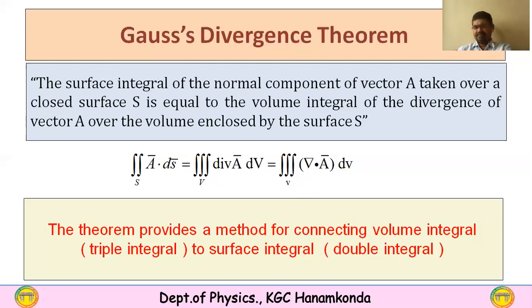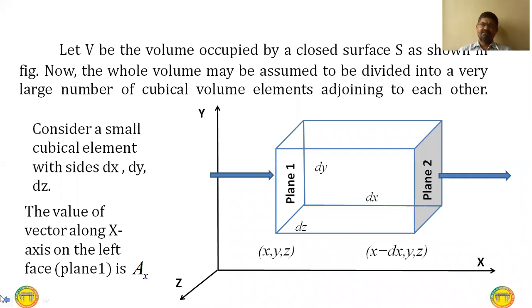Let us see the derivation of Gauss divergence theorem. For the derivation, we take a volume V which is enclosed by a closed surface S. In that volume, we take tiny cubical volume elements which are adjoining to each other.